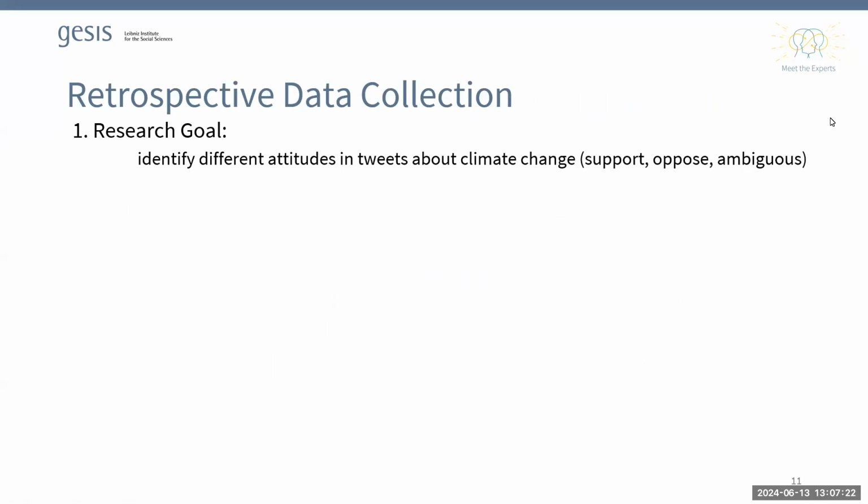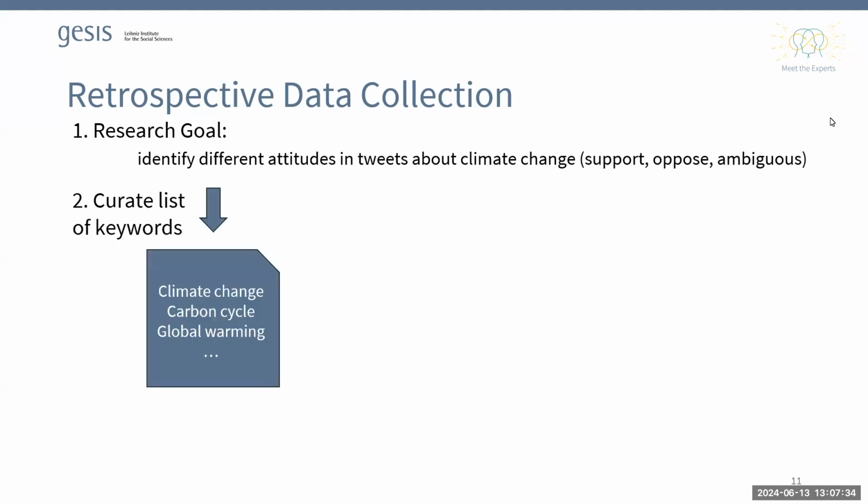I will call this retrospective data collection. Basically, you have some research goals. Let's say it's to identify different attitudes in tweets about climate change. And you have some experts and you curate a list of keywords with climate change, global warming, and so on.